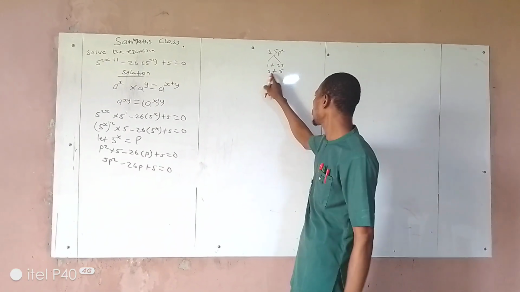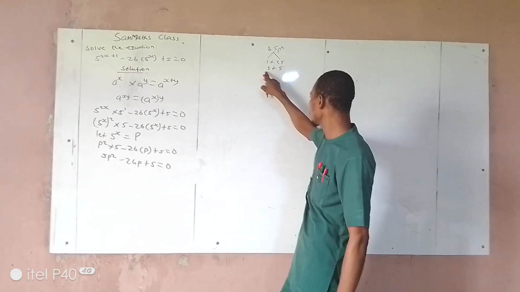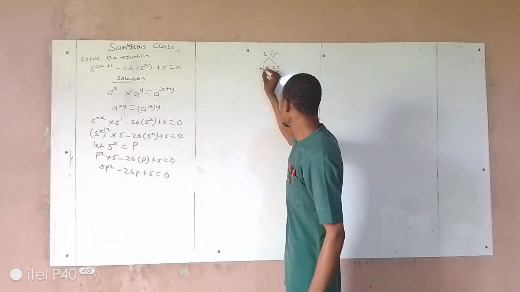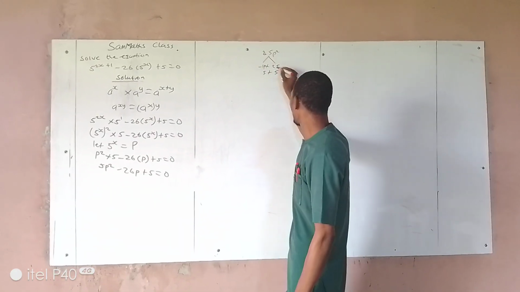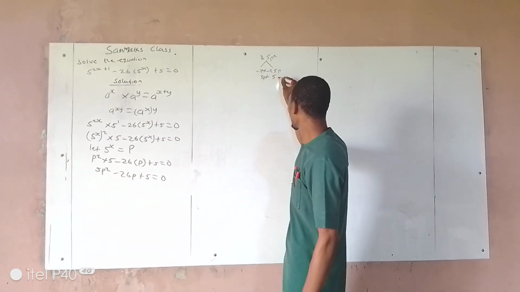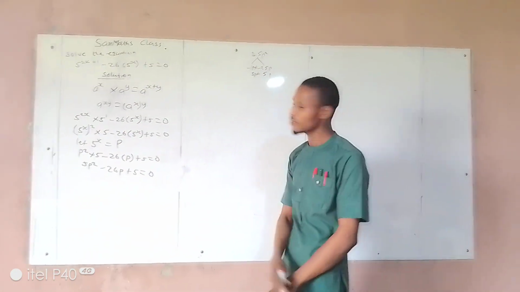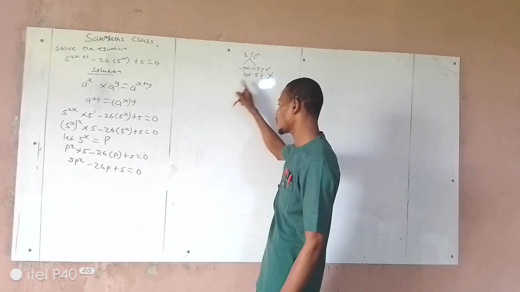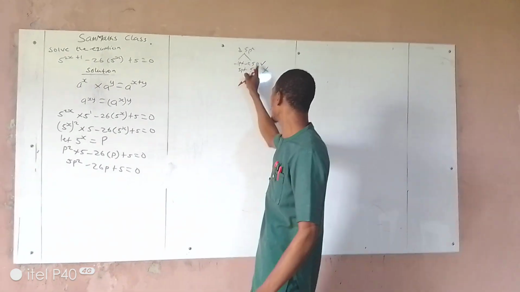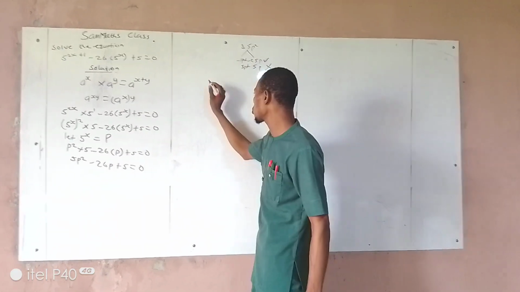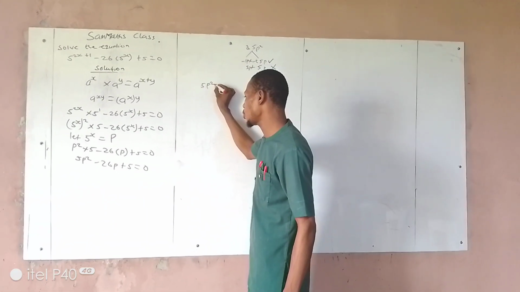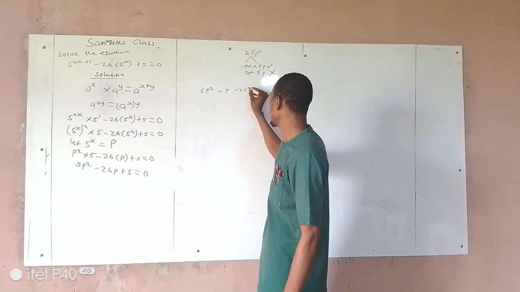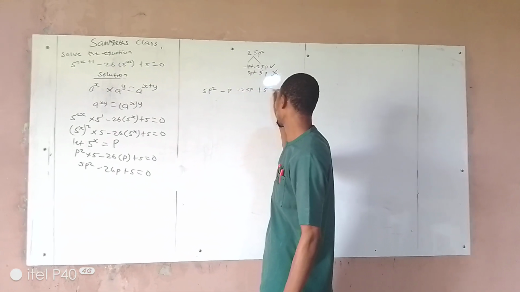But we cannot use 5 times 5, because if you add 5 plus 5 it is 10, which doesn't give us 26. But minus 1p and minus 25p will give us minus 26p. So we are going to use this other pair of factors and reject the first. In place of minus 26p, we put the sum of these factors. So we have 5p squared minus p minus 25p plus 5 equals 0.